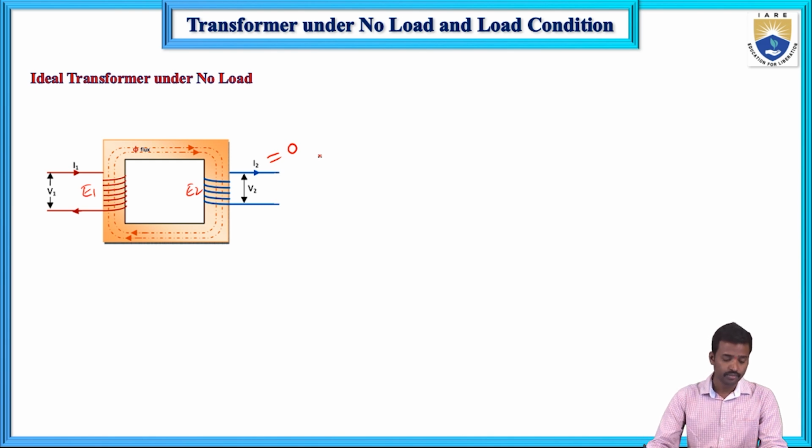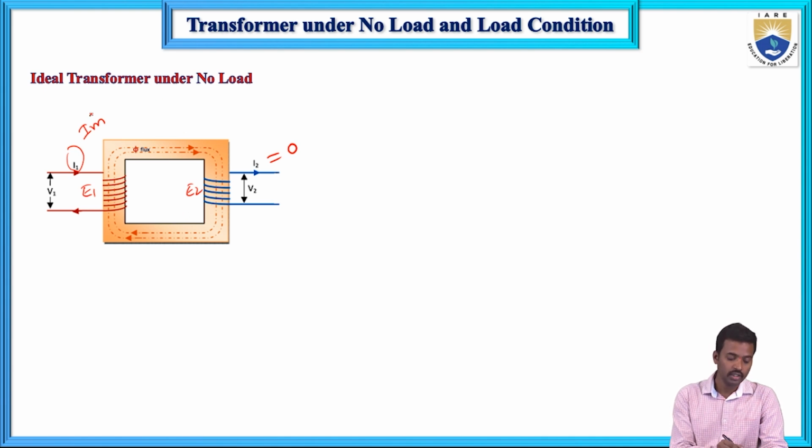Now this I1 current sets up the flux; this current is the main cause to produce the flux here. Because of this reason, this I1 current is known as IM, the magnetizing component of no load current, because there is no load, and this current is responsible for the main flux in the core.